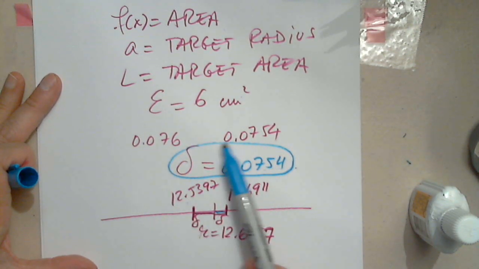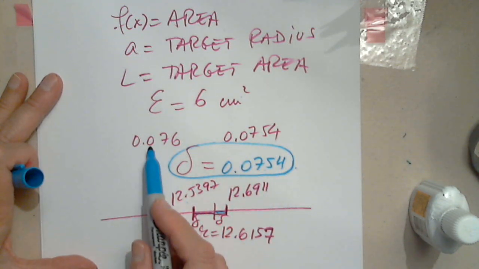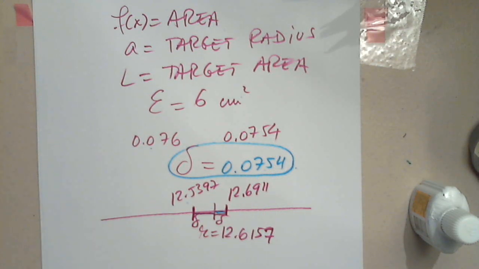What's the difference? Tiny, right? But still, this is larger, and I cannot use it. This is smaller, and I have to. Very nice question, very nice problem. Well done.